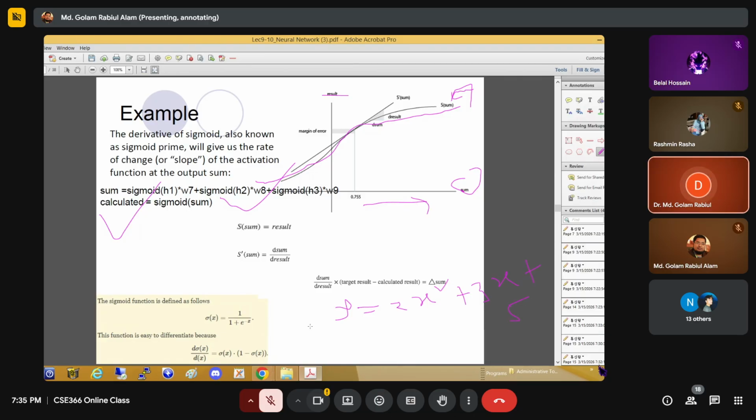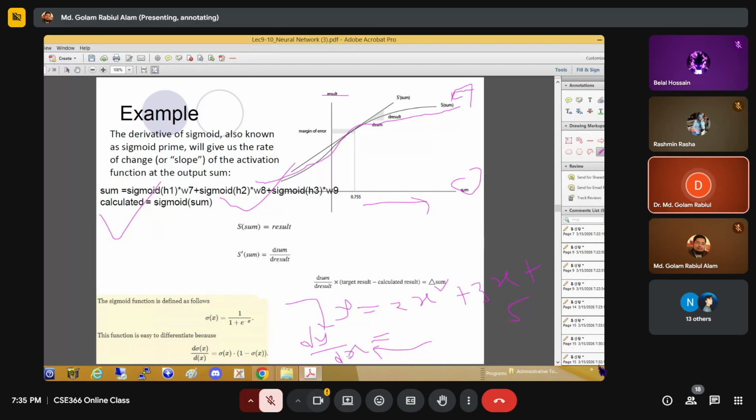We want to find out dy by dx. It means based on the change of x, we want to know the change of y. That means for a little change of x, how much change will happen to y. So that is our dy by dx.